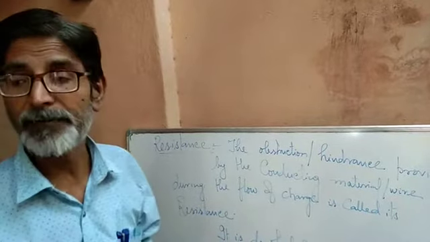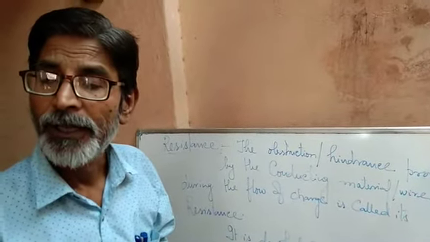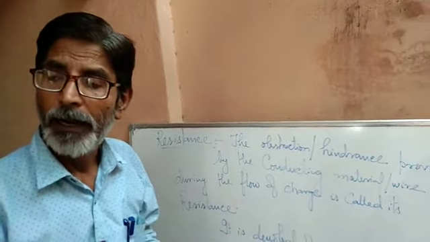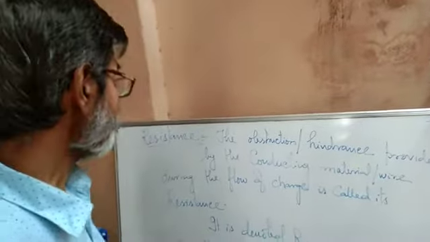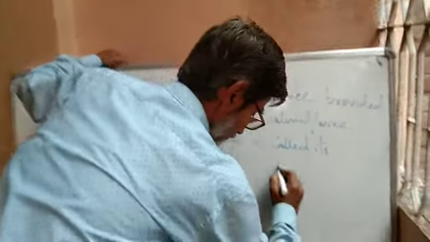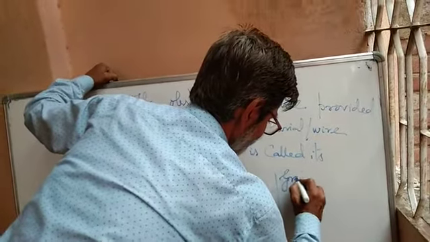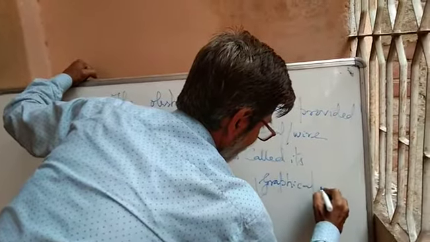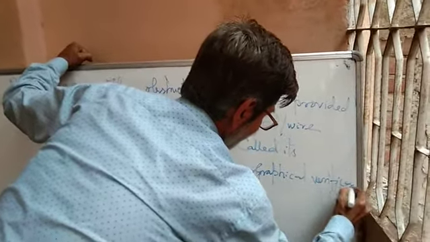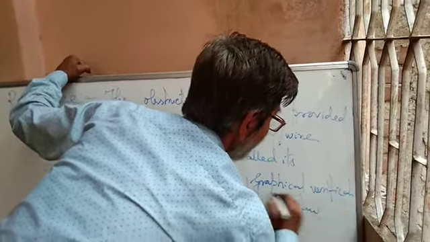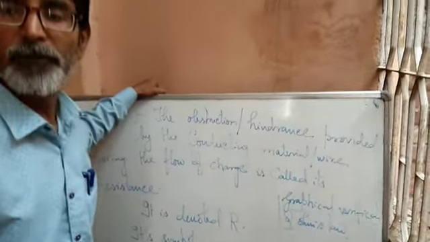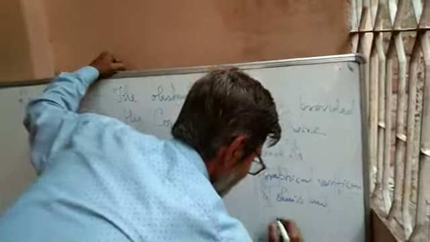As you know, V is directly proportional to I. That means the graph of potential difference and current flowing in the circuit will always be linear. Wherever this question is asked, you just have to plot a linear graph of potential difference and current.